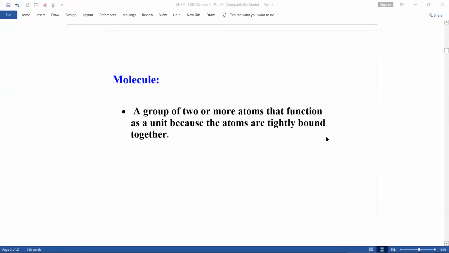Now, I've used this term, and I'll never ask you on a test what it is, but you should know, what is a molecule? That's a group of two or more atoms that function as a unit because the atoms are tightly bound together. So if I say I have a molecule of water, and hopefully everybody by now knows water is H2O, I have two hydrogens, one oxygen, and they're stuck together and they function as a unit.